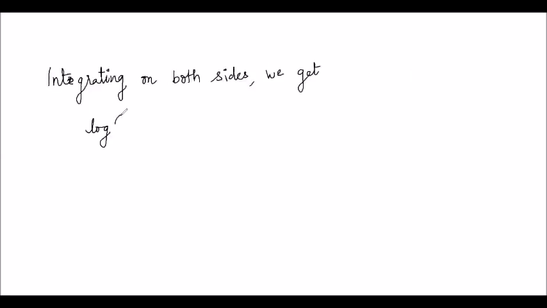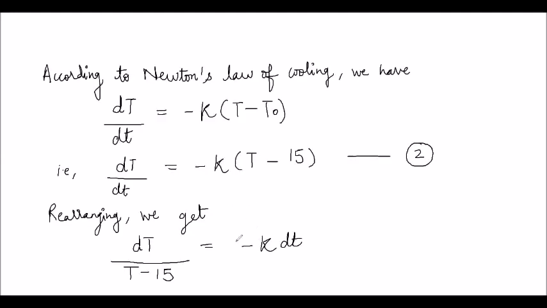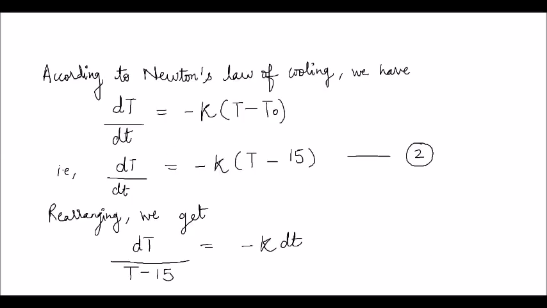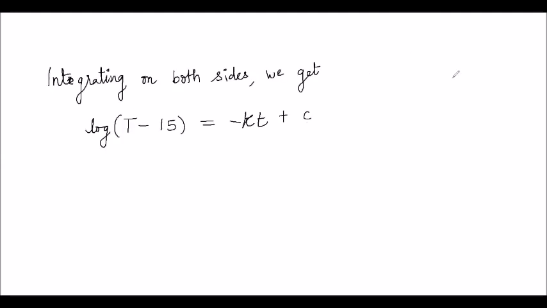This equals, let us see again our equation, minus K, which is a constant. The integration of 1 with respect to t will be t. It will be minus Kt plus the constant of integration C. Let us name this as equation number 3.